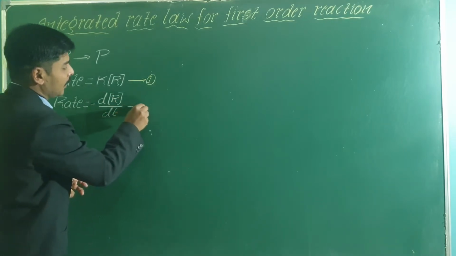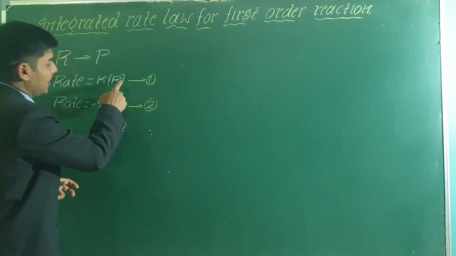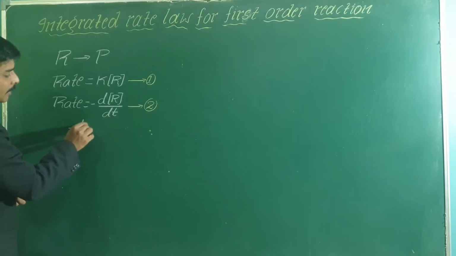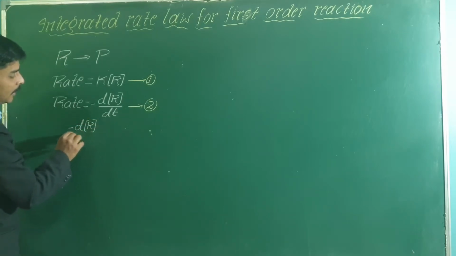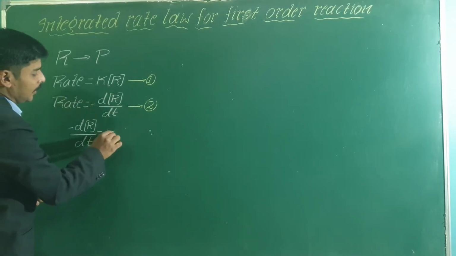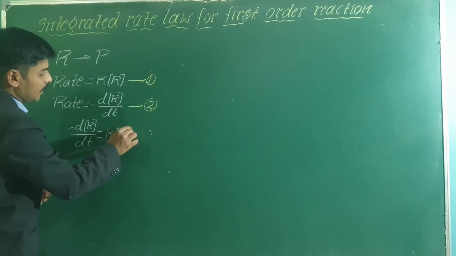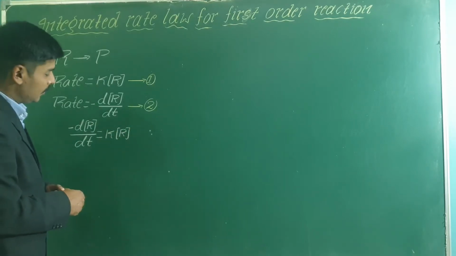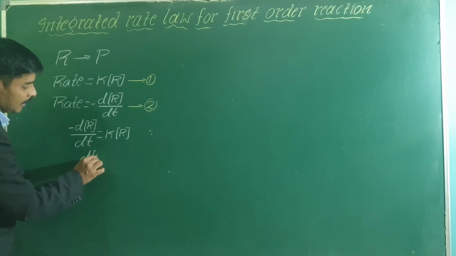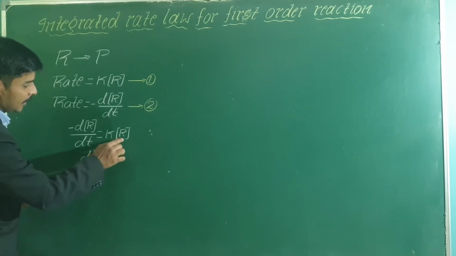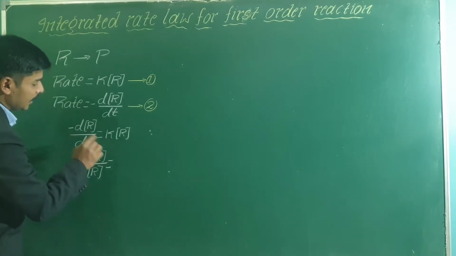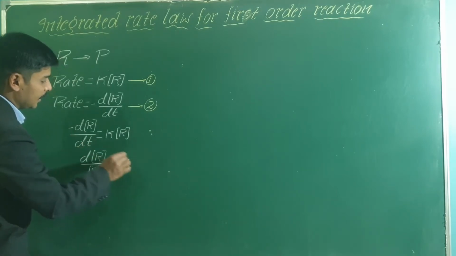So from equation 1 and 2 we can write minus dR by dt is equal to K into molar concentration of R. Now rearranging the terms we get dR by R is equal to minus K dt.